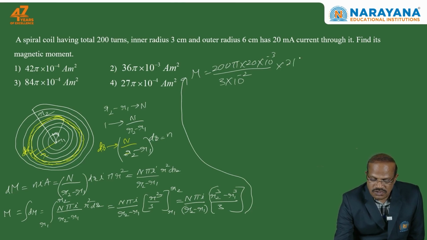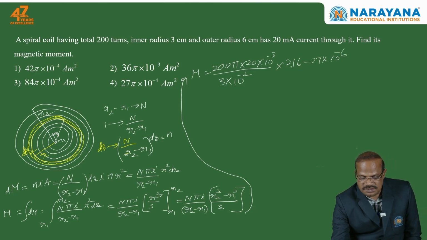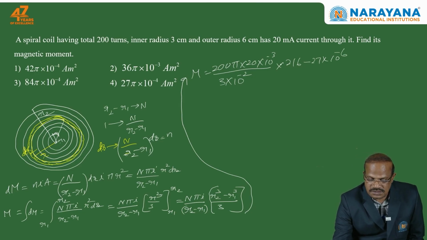6 cube is 216, minus 3 cube 27, and converting this into meters, into 10 power minus 6. Centimeters is 10 power minus 2, whole cube is 10 power minus 6. This by 3.